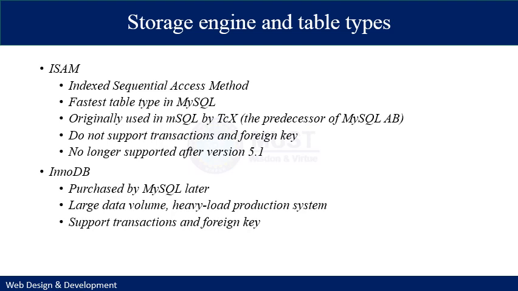It does not support transactions and foreign keys, and it is no longer supported after version 5.1. Another storage engine was BDB, and it was purchased by MySQL later, and large amounts of data are supported in this storage engine, and it provides heavy load protection systems, and it supports transactions and foreign keys.